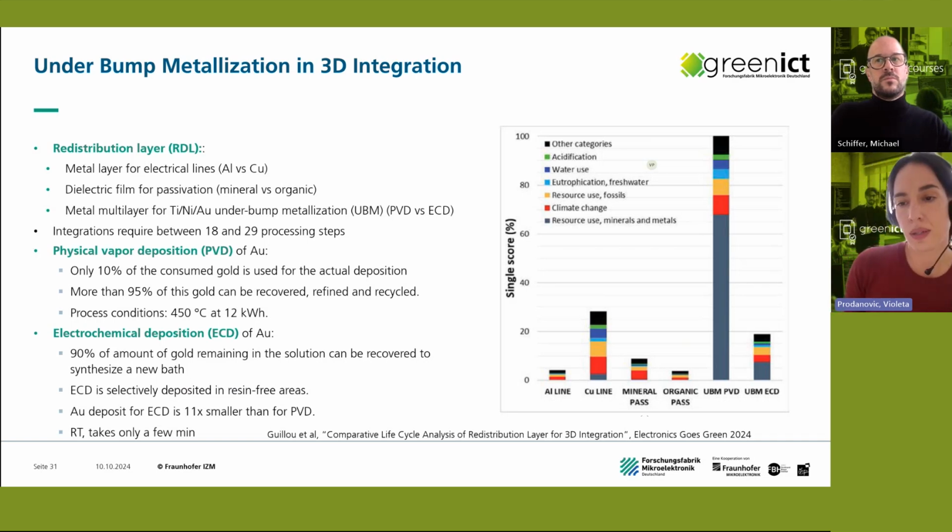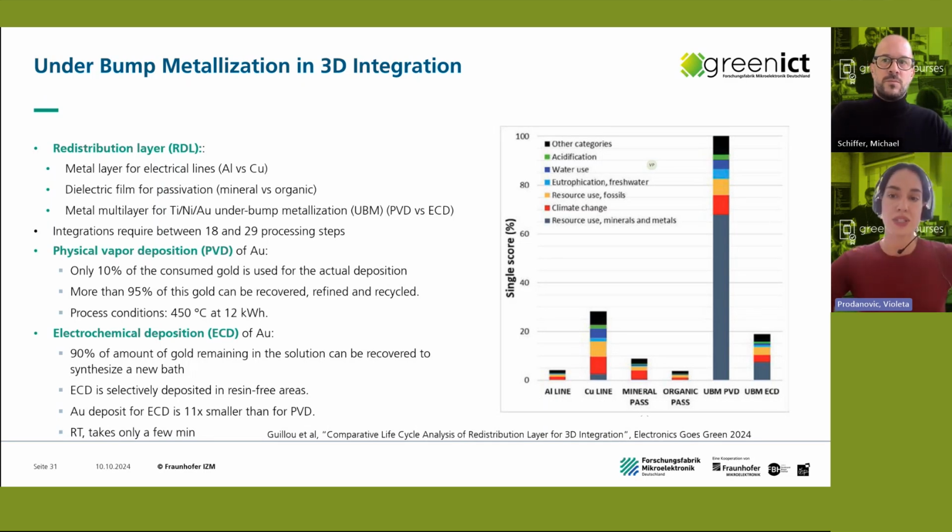The outputs produced by these authors are actually a relative ratio between these different steps in the production of RDL related to different materials, and then the environmental indicators that they focused on were acidification, water use, eutrophication, resource use, climate change.